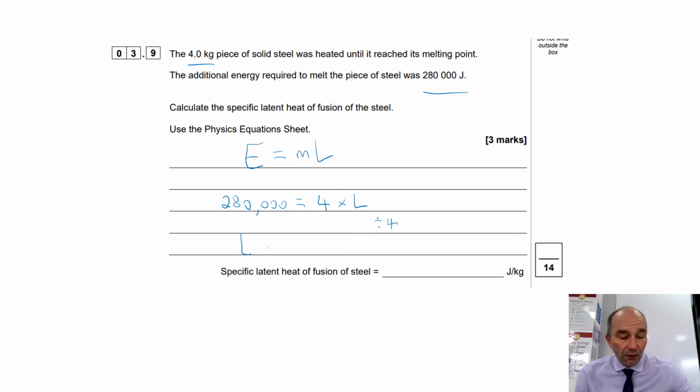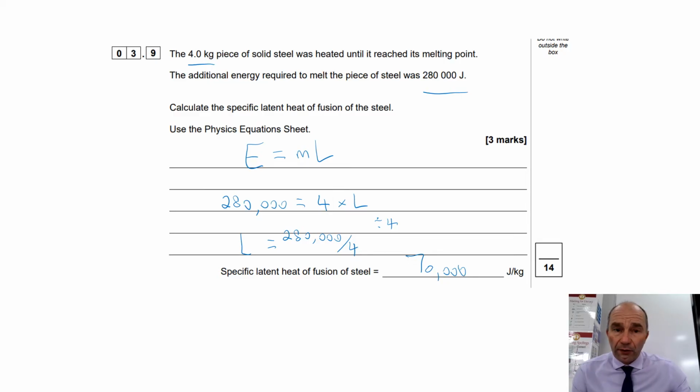That means that our L equals 280,000 divided by 4. Put those numbers into your calculator and you should get the answer of 70,000 joules per kilogram. Again, be careful making sure that you're copying down the correct number of zeros off your calculator. Don't lose marks after doing all that hard work.